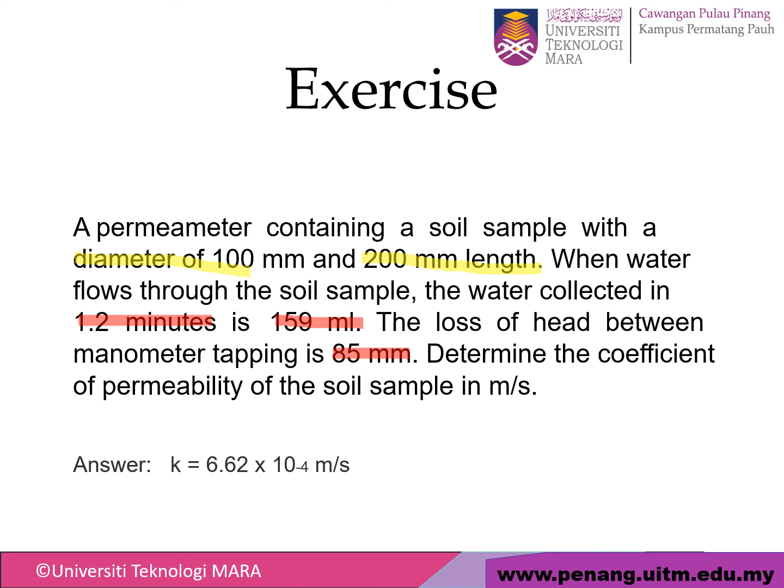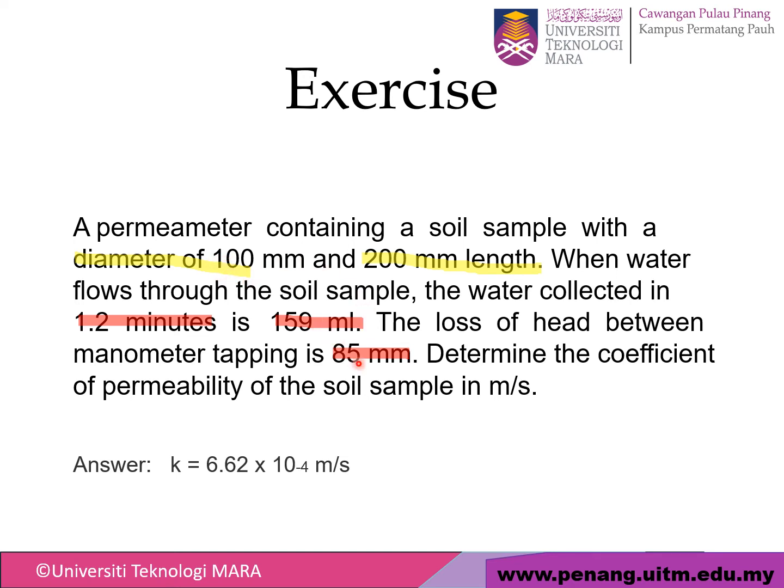Firstly, you have to convert everything into meters and seconds. This one is in minutes, so 1.2 minutes times 60 gives the seconds. The length is in meters, 0.2, and the diameter 0.1. For the area, pi d squared over 4, so 0.1 squared over 4.